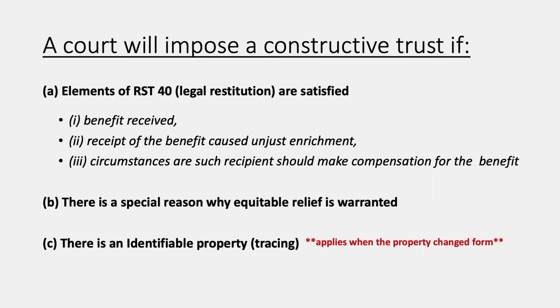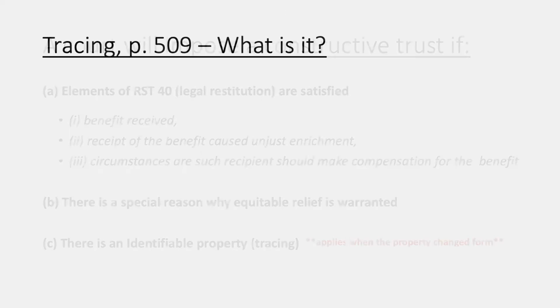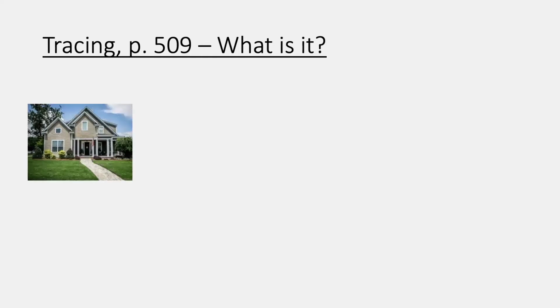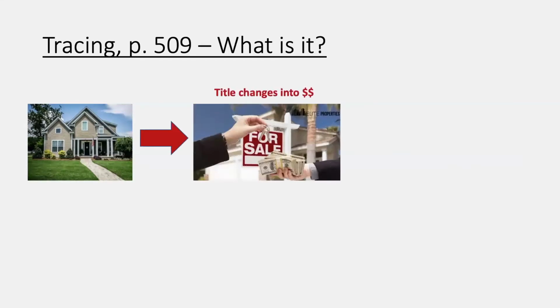And so what does that mean? Well, in order to identify what property should have been held in the trust, you have to identify, well, if the property has changed form, what is the plaintiff going to have title to? So here's a little example. Let's say that someone wrongfully took title to a house, and then that person sells that house, and then the title has now changed form into physical money, right?